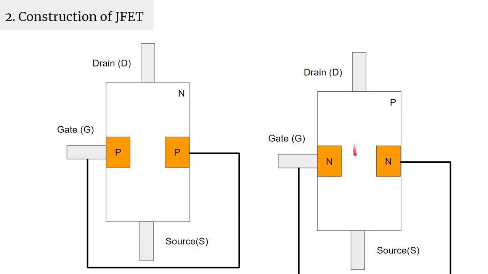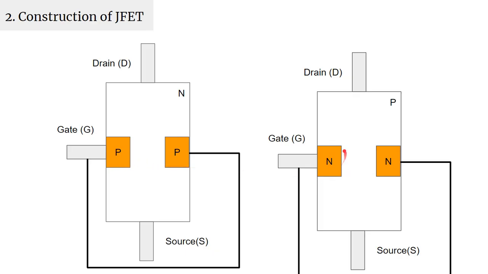If we do the opposite, then it's a P-channel JFET. Here you can see that we did doping of N-type material inside the body of a P-type semiconductor material. So why do we call this an N-channel JFET and this a P-channel JFET? You can see that a channel is being created between these two P-type layers, and this channel is made of N-type material. So this is called an N-channel JFET.